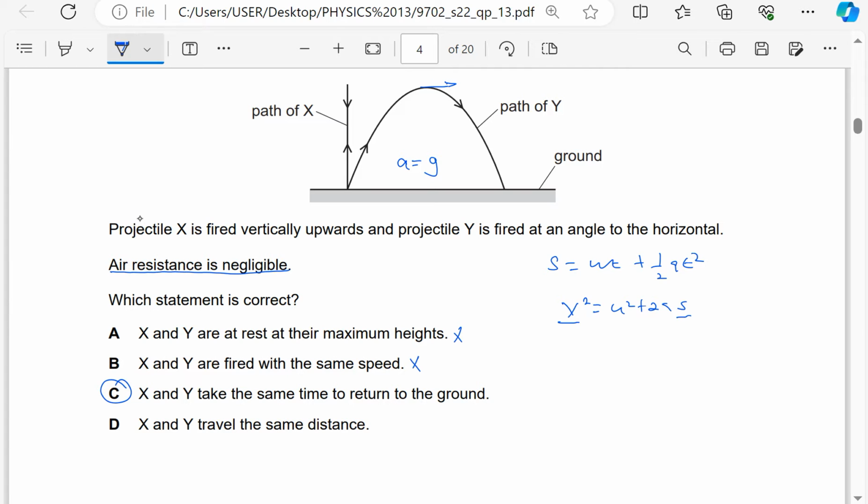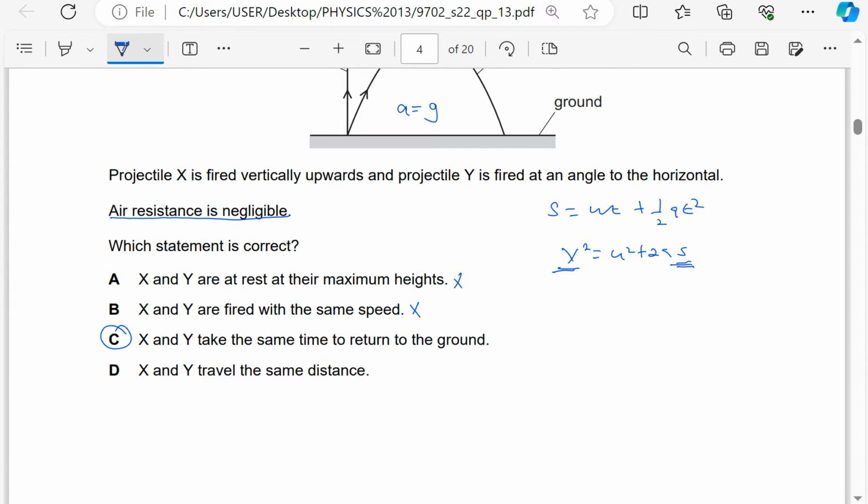So it means the time they are going to take to reach the highest point and come back is going to be the same, since time is a scalar quantity. It doesn't depend on the direction, so the answer is going to be C.